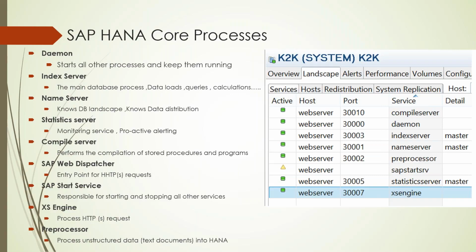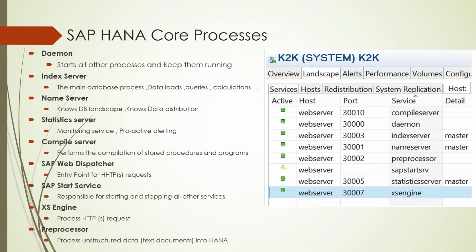So what is the daemon? The daemon starts all the processes and keeps them running. The daemon's roles and responsibilities are that it should make sure that all the HANA core processes are up and running.